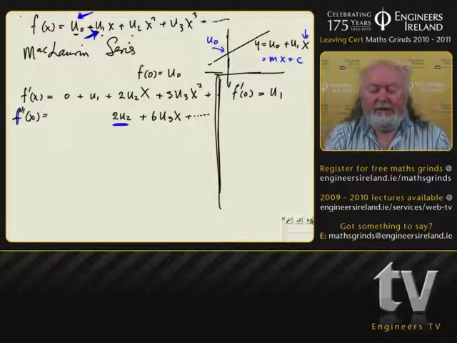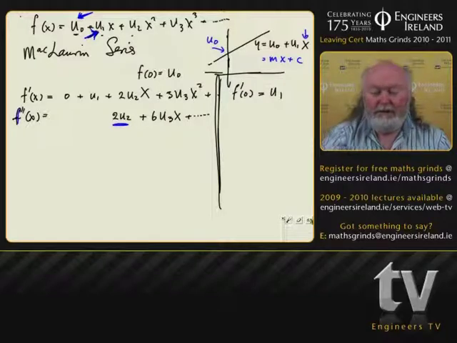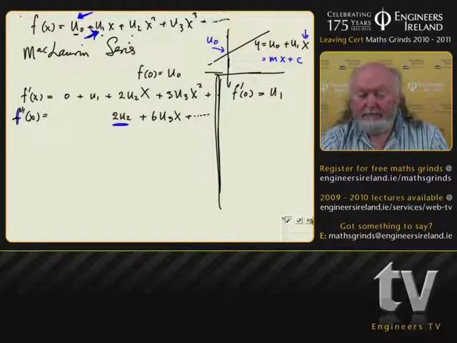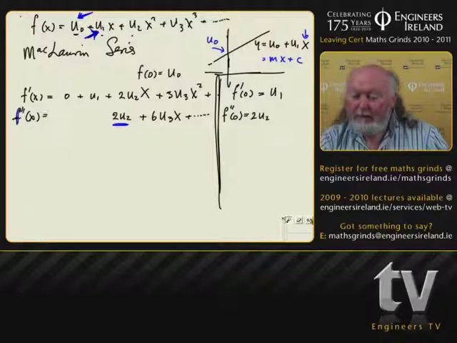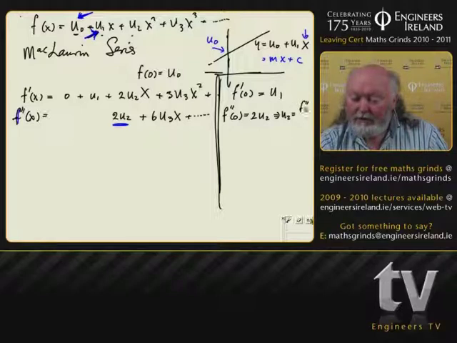There's no x left here. So we can say f double dashed at 0 is equal to 2u2, which implies u2 is equal to f double dashed 0 over 2.